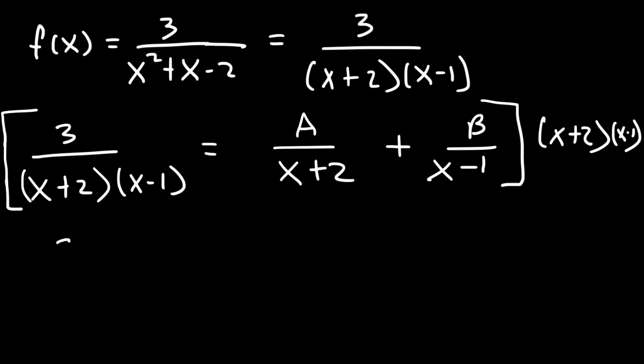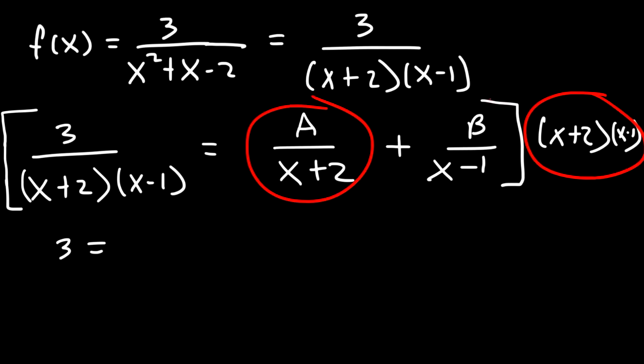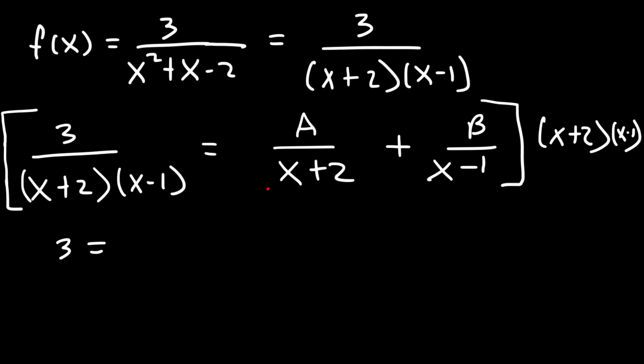Therefore, on the left side, we're just going to get 3. And then once we multiply these two, the x plus 2 terms will cancel, leaving behind a times x minus 1. And then when we take b over x minus 1 multiplied by these two factors, the x minus 1 factor will cancel, giving us b times x plus 2.